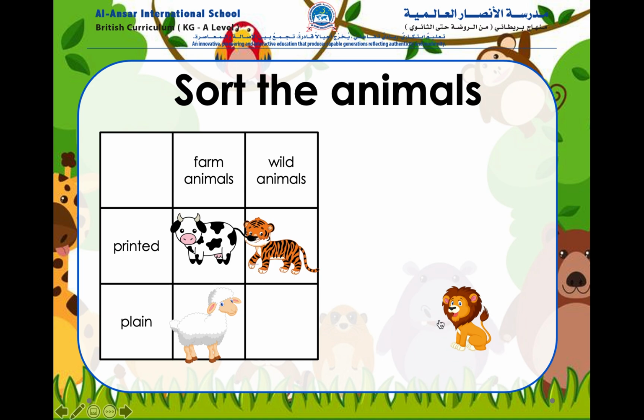Now let's look at this lion. Does the lion have a print on it? No, it does not. Is it a wild animal? Yes, it is. So we're going to put it in the block that says wild animals and plain. And now we've sorted out these animals.